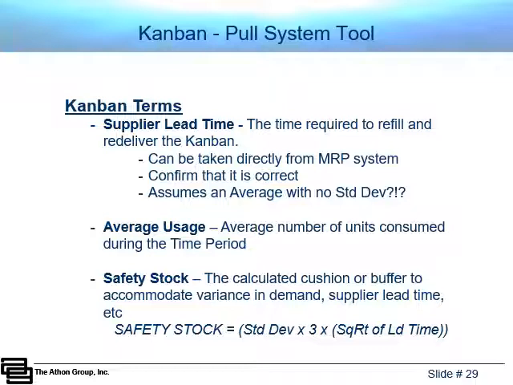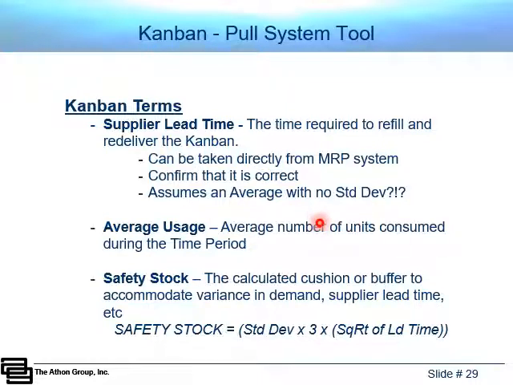So the challenge we have with the MRP system, it'll usually say what is just the average consumption in units per day, per week, per month, or whatever the period happens to be. But we need to know the standard deviation as well so that we can do a better job of predicting how much inventory we need to have in the Kanban. And that plays into the safety stock down at the bottom.